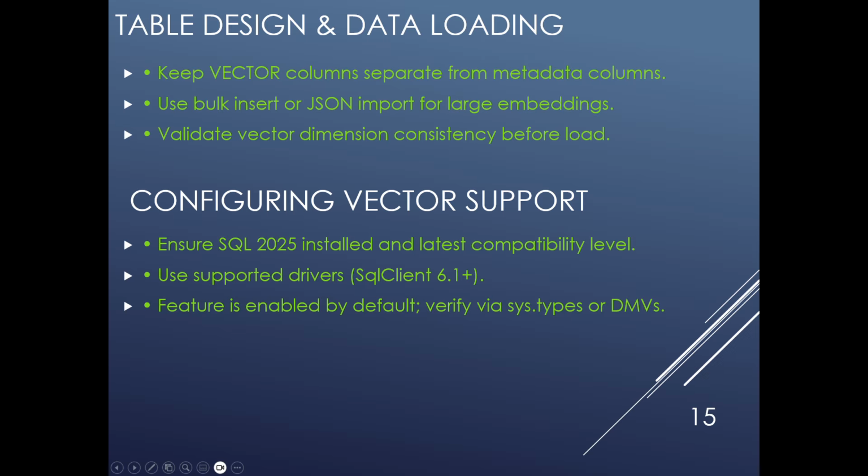So, table design and data loading: keep vector columns separate from the metadata, of course, because these are heavy tables with heavy data. If you are creating a table with 20 columns and add a 21st column with a vector column type, the table becomes huge.